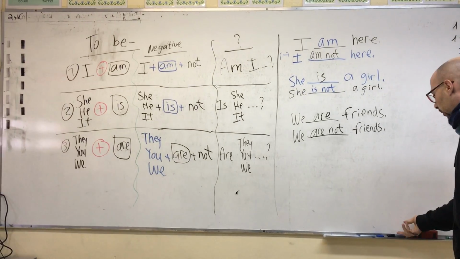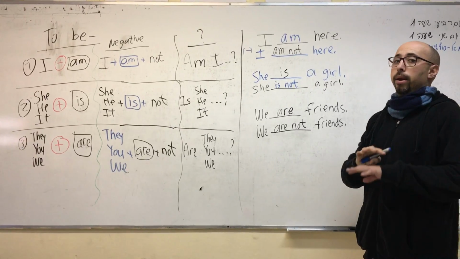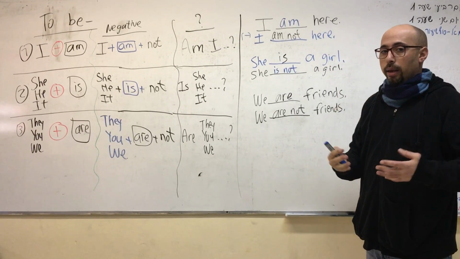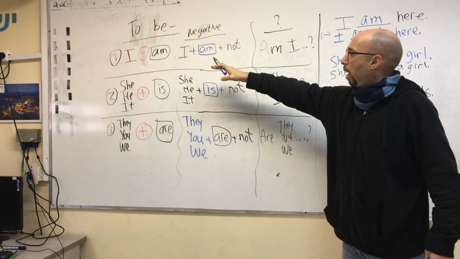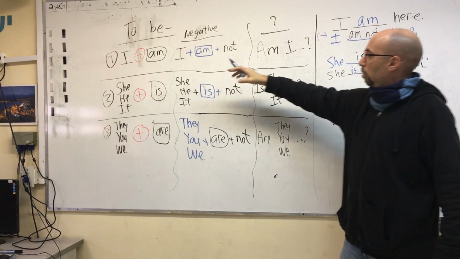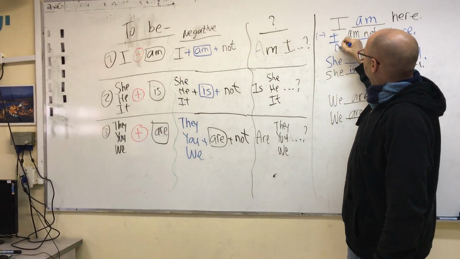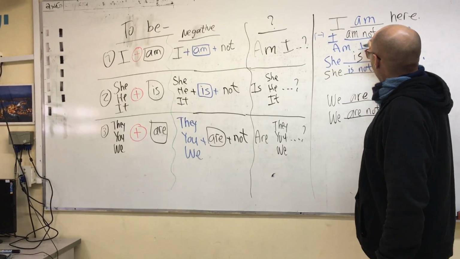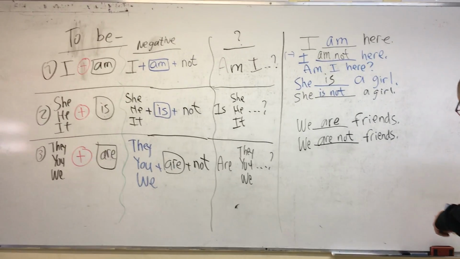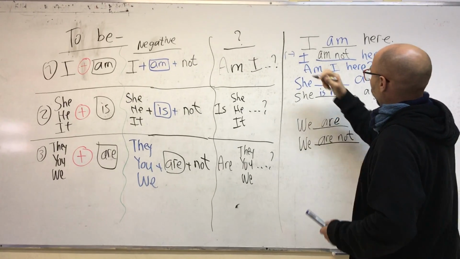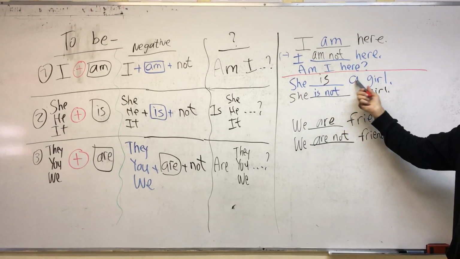So let's try and solve the questions now. I am here, I am not here. I want to ask, am I here? So I'm continuing to base all my work on my table. So I see I am here, I am not here, and now I see am I here? She is a girl.